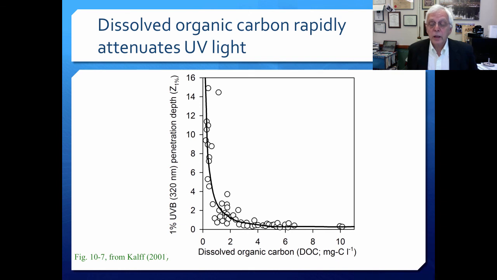Clearly, if the dissolved organic carbon is quite high, the depth is very low, and most of the UV is lost in the very first centimeters of that ecosystem. Whereas if the dissolved organic carbon is quite low, that would be the tea-like substances, then some ultraviolet can in fact penetrate a little bit farther into the water column.